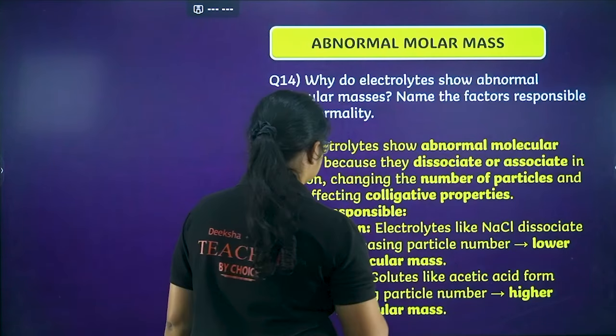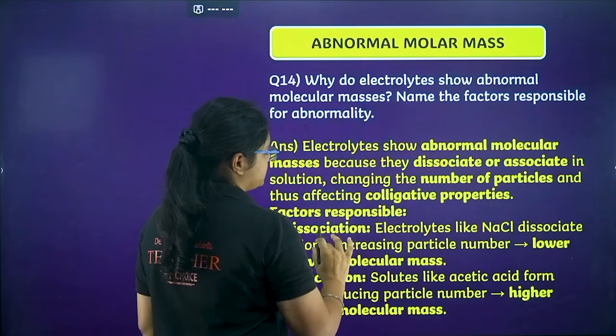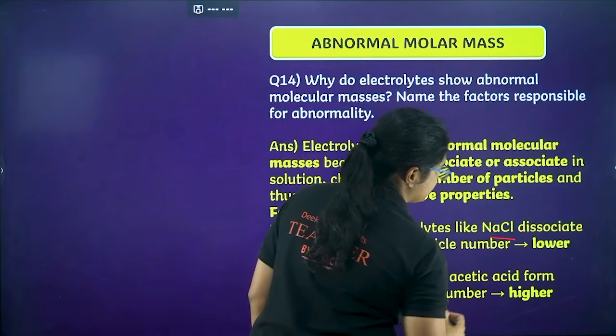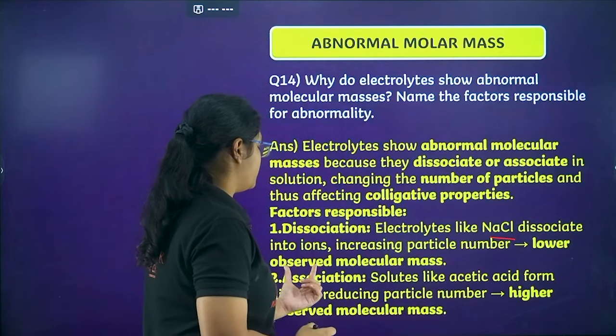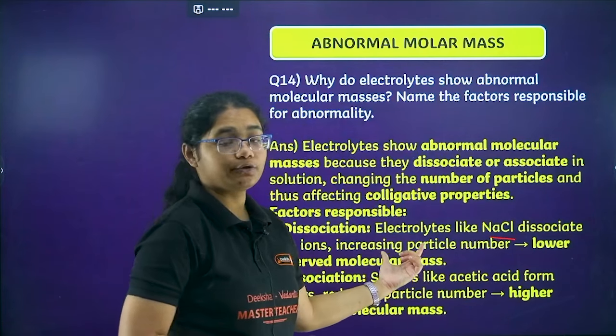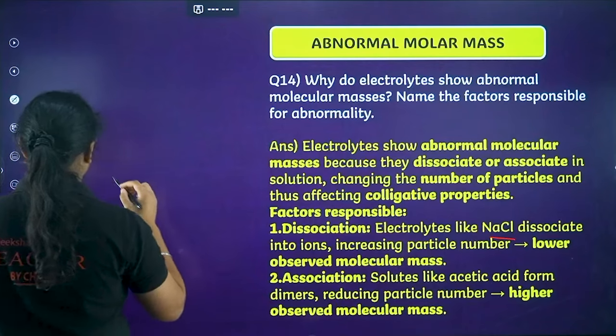Next, factors responsible for abnormality. What are the factors responsible? The first factor is dissociation. Electrolytes like NaCl will dissociate, increasing the number of particles and giving lower observed molecular masses. Now see, for example, I'll just take any one colligative property.